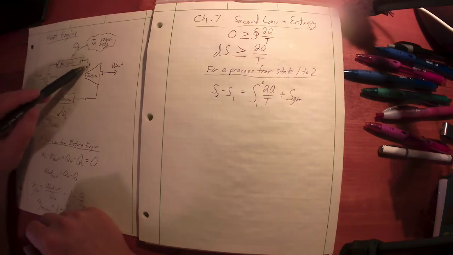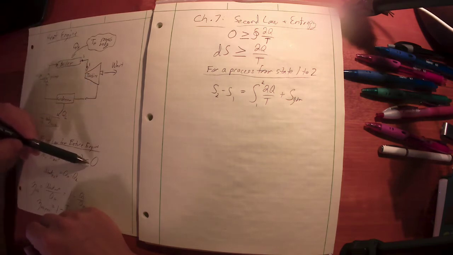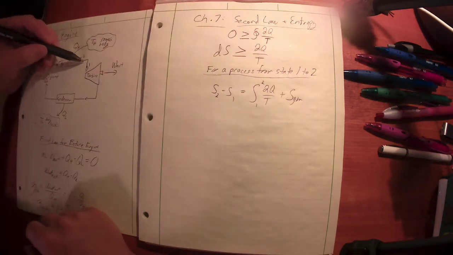So the entropy change from here to here, again, this is a cycle. We've already said the internal energy change is 0 for a cycle. Same thing with the entropy. The working fluid, typically water, gets back to the same state as it goes around the cycle.